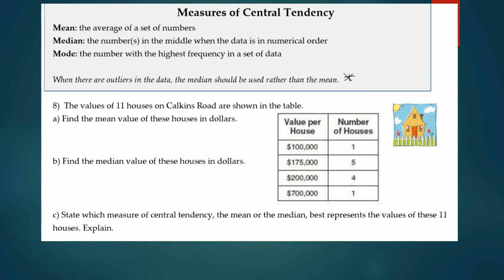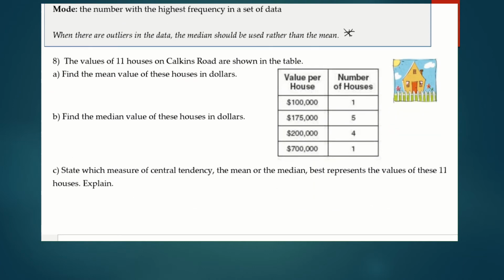Number 8, which uses the table at the right here. The values of 11 houses on Calkins Road are shown in the table. So value per house: there's one house that's $100,000, 5 houses that are valued at $175,000, 4 houses valued at $200,000, and 1 house valued at $700,000.